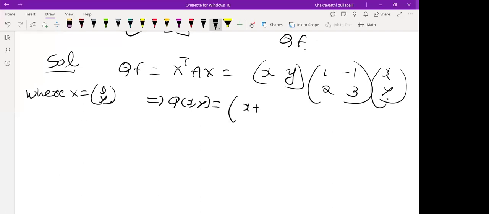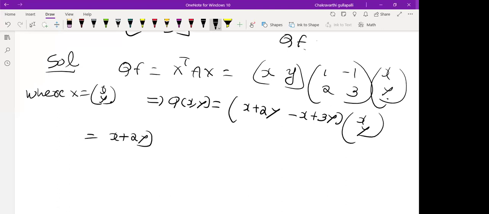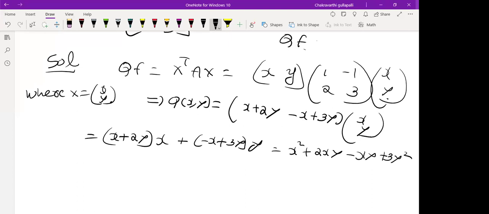It will be (x + 2y) into x plus (-x + 3y) into y, matrix multiplication. So this will be x square plus 2xy minus xy plus 3y square. So the quadratic form is x square plus xy plus 3y square.